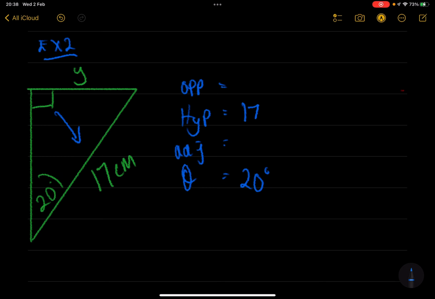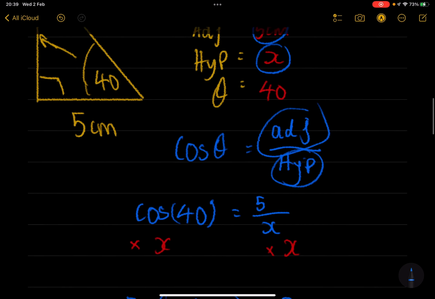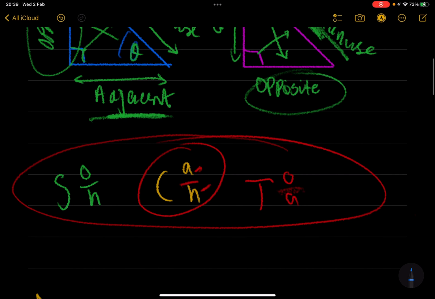And you've got now your y is opposite the 20, you can see. So y is your opposite, and your adjacent you actually don't care about. So we have got to be using the one with the opposite and the hypotenuse. So this is your sine, isn't it?